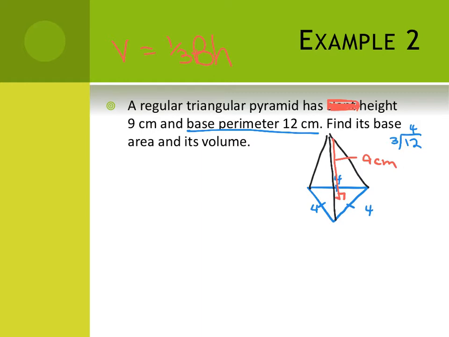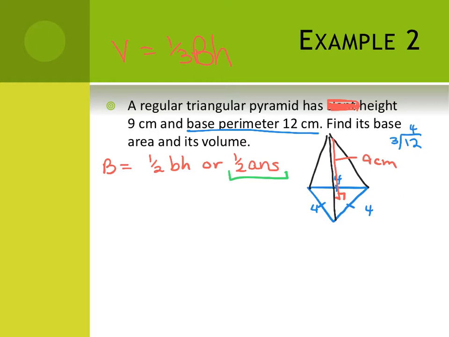So remember, to find the area of this base, and our base is a triangle, we can either do 1/2 BH, or I could use that polygon formula, 1/2 ANS.